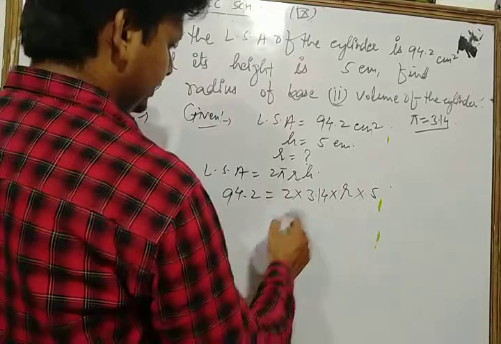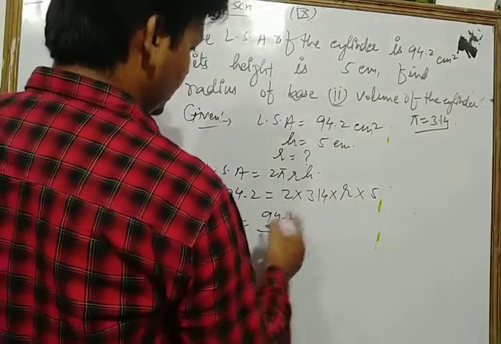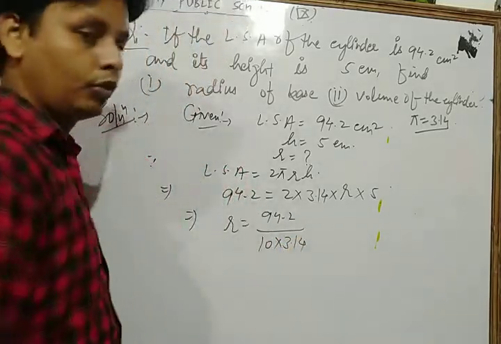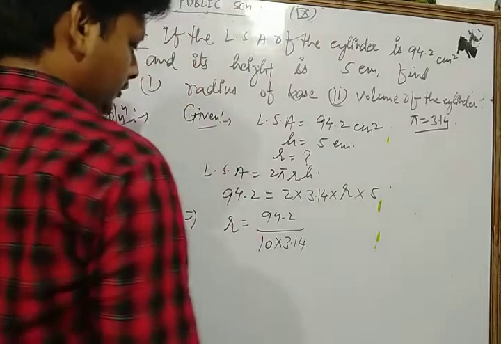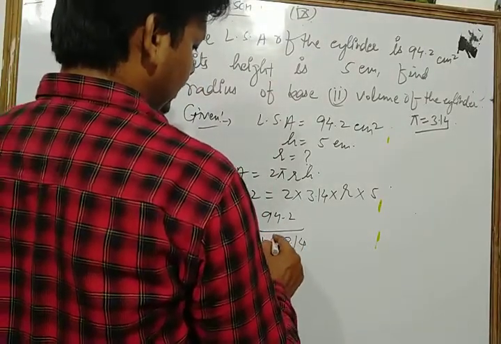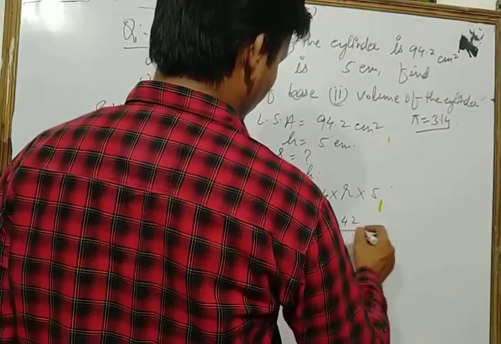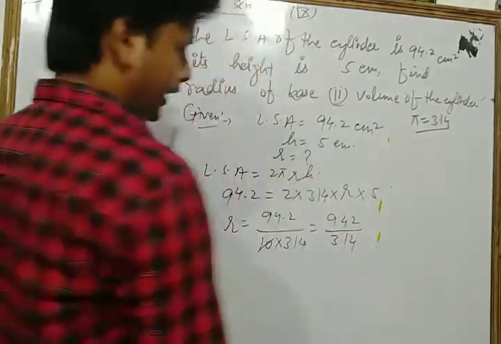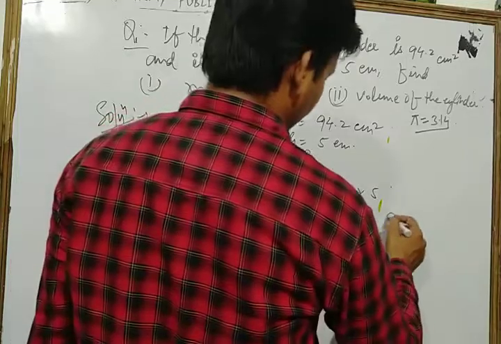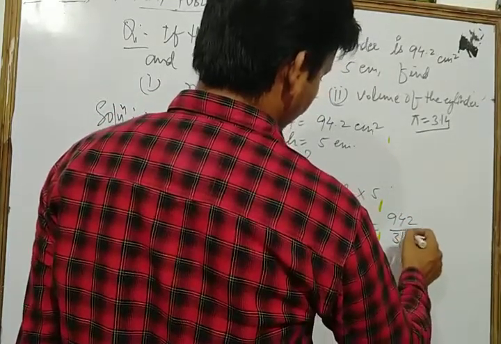So let's see, we get the value of r is what? 94.2 upon 5 into 2 is 10 into 3.14. Let's see, if we divide 94.2 by 10, then we get 9.42 upon 3.14. Decimal and decimal cancel to each other, then I get 942 upon 314.